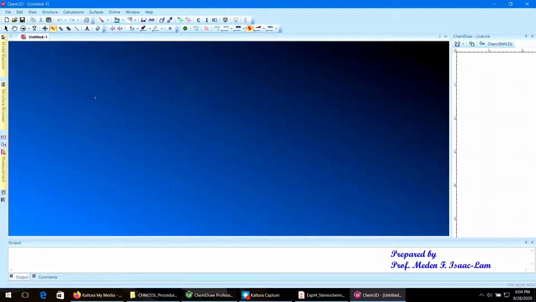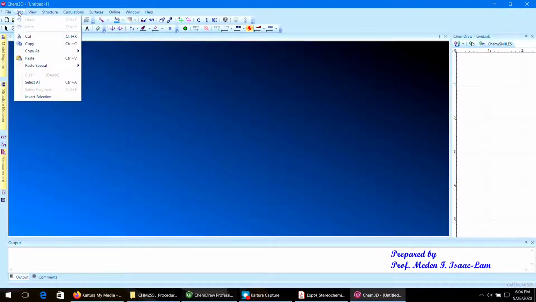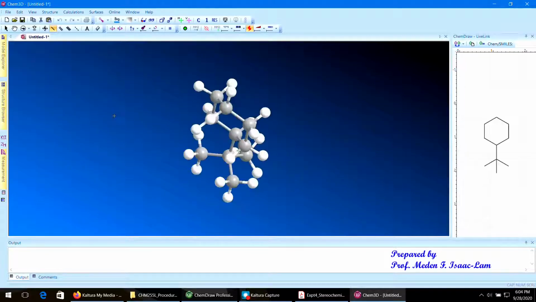And now I'm going to attach it by doing edit and then paste. So now I have the molecule. I can also actually draw it here. This is now the tert-butyl substituent and I have the cyclohexane.